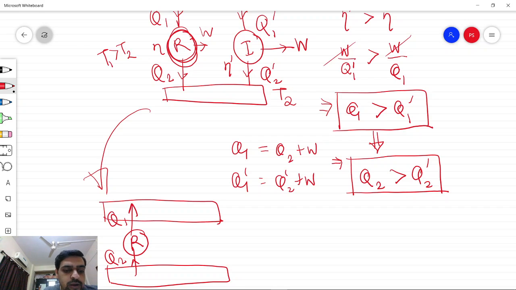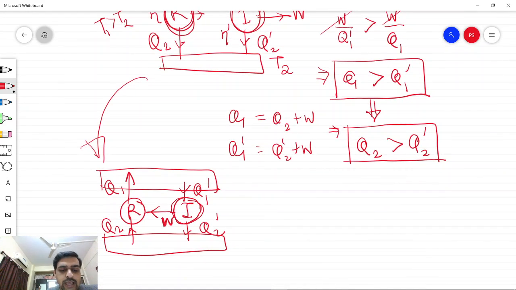But by the second law, it requires an external agency to supply the work W in order to carry out this process. Now this work W can be provided by this irreversible engine because it is performing work W. So just join this irreversible engine to the reversible engine by keeping all other quantities unchanged, so Q1 dash and Q2 dash.